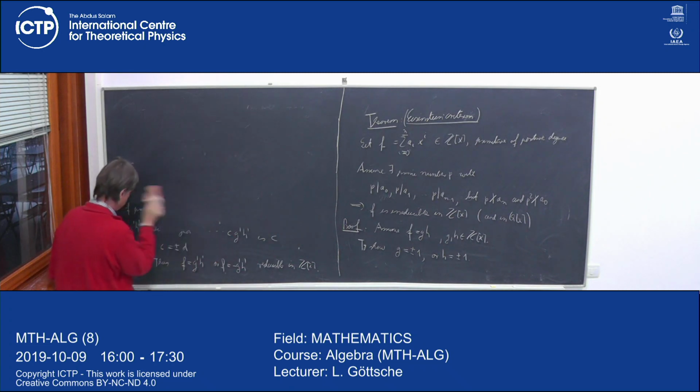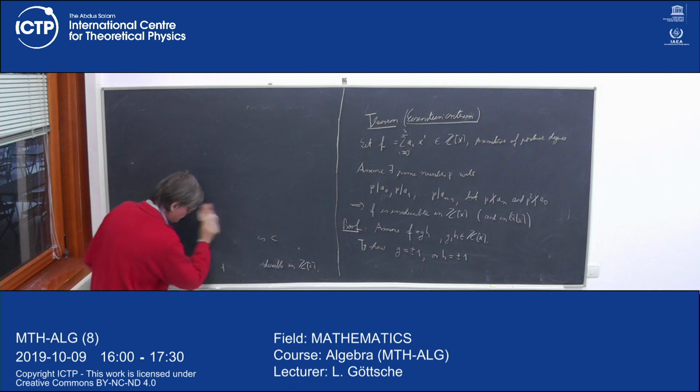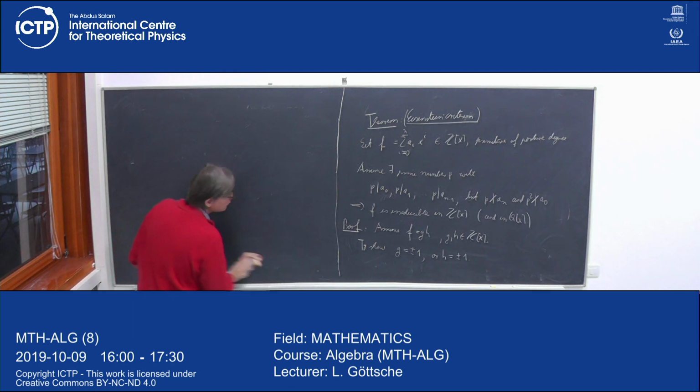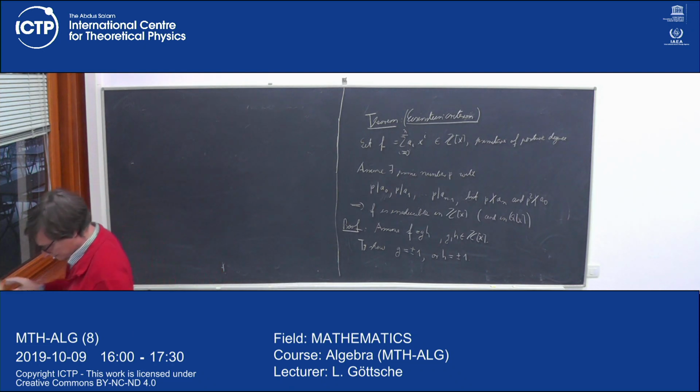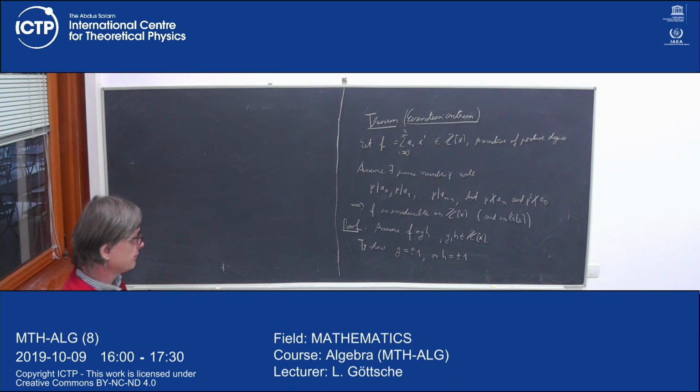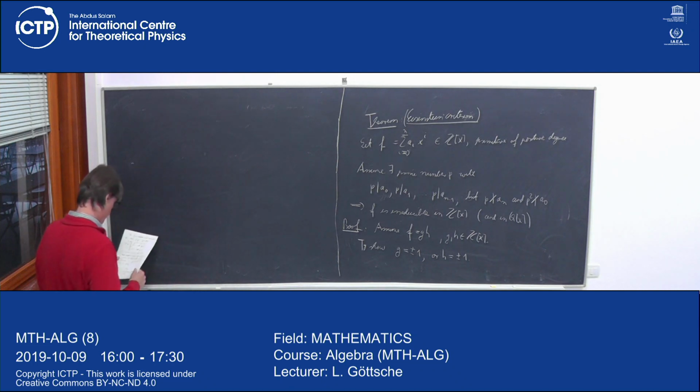I have to somehow use this. So somehow we do this by worrying about which coefficients of g and h will be divisible by p. So let's look at it.